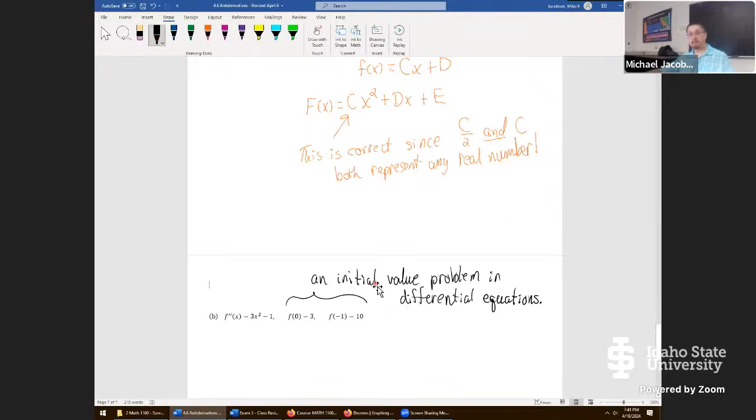That's a good naming scheme. It's called an initial value because these are the two initial values your answer has to satisfy no matter what.